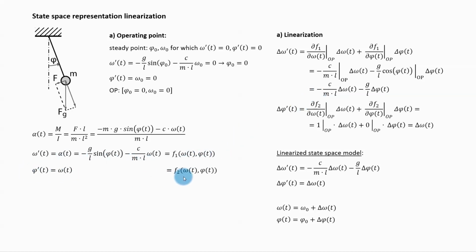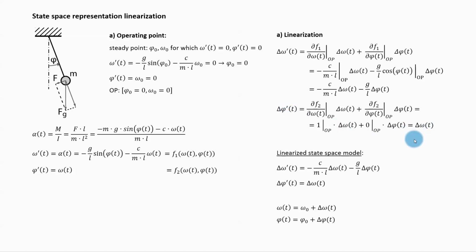Now the second state equation is done in a similar fashion. I need to take derivatives of this equation with respect to the angular velocity and the angle. So when I take the derivative of this equation with respect to the angular velocity, I will get 1, and when I take the derivative with respect to the angle, I will get 0. So at the end, I will be left with this.